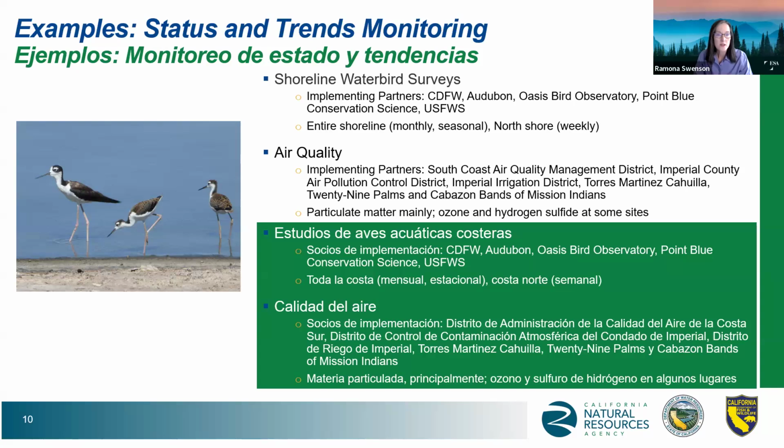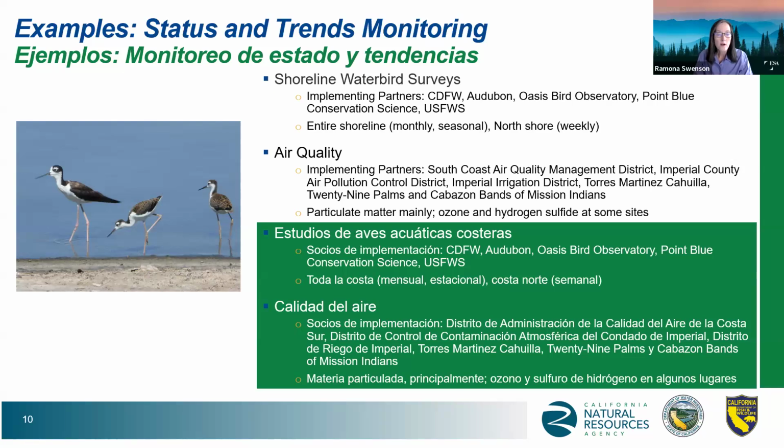Another example of status and trends monitoring is air quality, and there's many partners involved with this as well. The South Coast Air Quality Management District, Imperial County Air Pollution Control District, Imperial Irrigation District, the Torres Martinez Cahuilla Tribe, and the 29 Palms and Cabazon bands of Mission Indians.